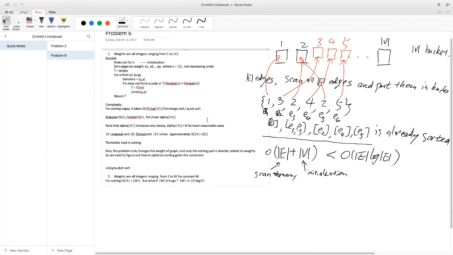But for huge W, what can we do about it? Let's consider a new algorithm called radix sort. Radix sort is basically multiple rounds of bucket sort.